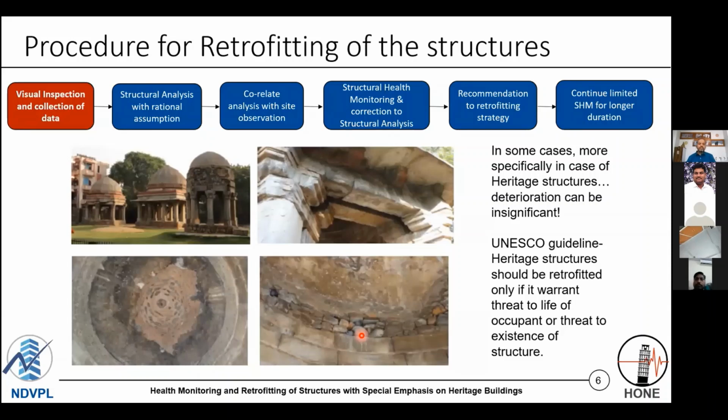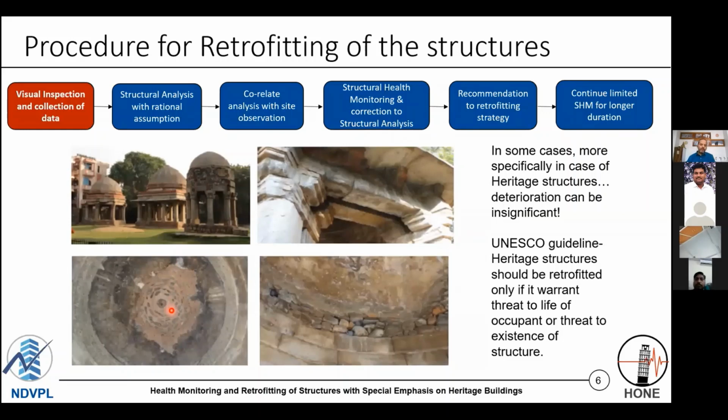Now, whether these deteriorations are significant or insignificant, for that UNESCO guidelines are very clear that a heritage structure should be retrofitted only if it warrants the threat to life of occupants or threat to existence of the structure. Now see whether this removal of chhajja is a threat to the stability of the structure. Obviously not.